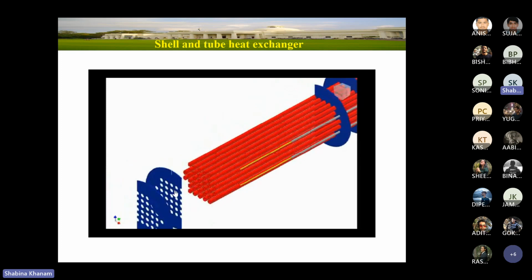And these are the baffles. All the blue discs which you have seen are the baffles. If you observe, the baffles have the same pattern of holes as the tube sheet, so that they can be inserted properly through the tube bundle.